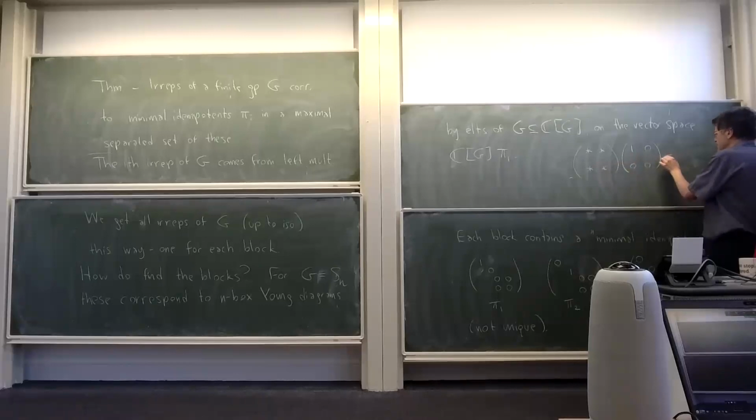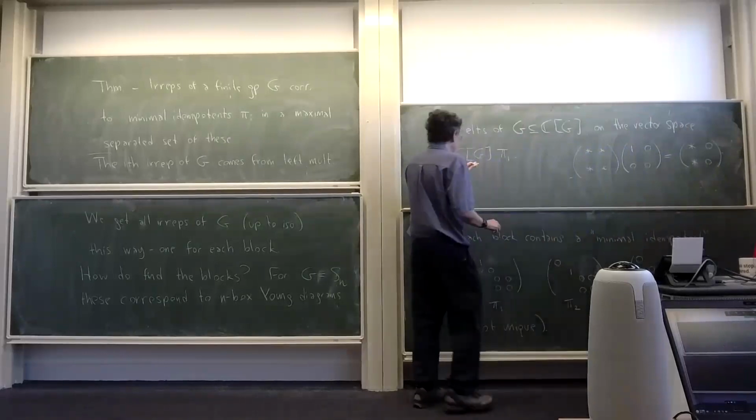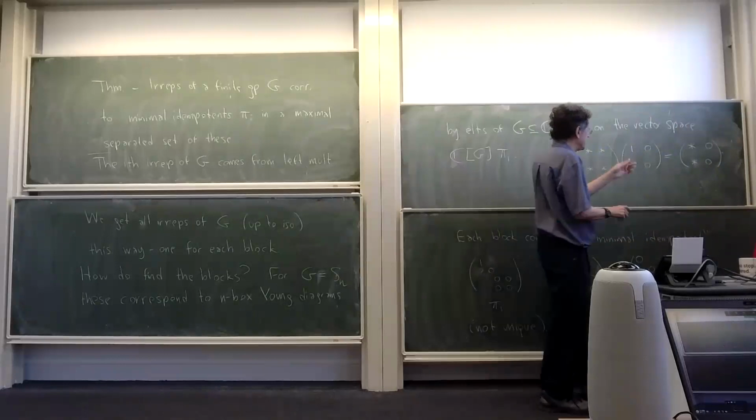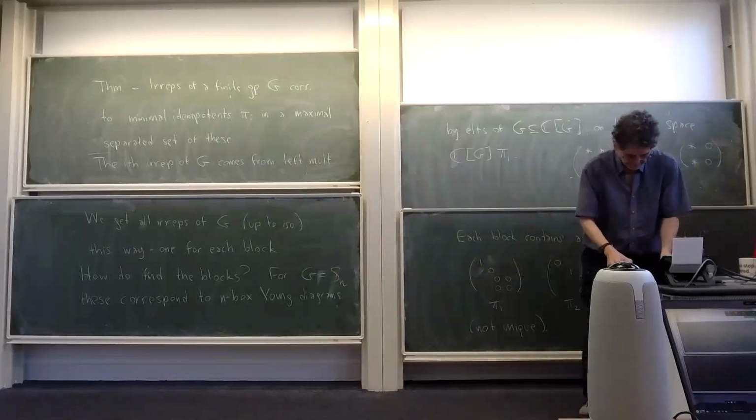But when I do this, I get a bunch of matrices, and the matrices I get form a column vector. So a k by k block is going to give you a k-dimensional vector space like this, and left multiplication on the left then is going to give you a k-dimensional representation of your group.